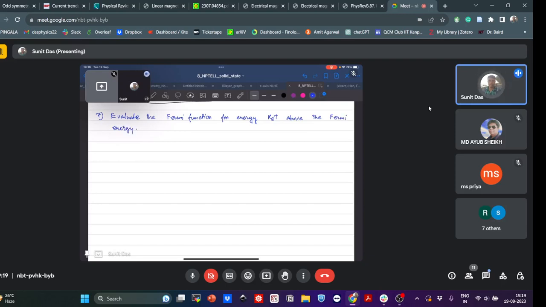So this is a very simple problem. Evaluate the Fermi function for energy kT above the Fermi energy. Okay, so Fermi function we know. So let me write it down. We need to find the value of this function for energy kBT above the Fermi energy. Just find it out.